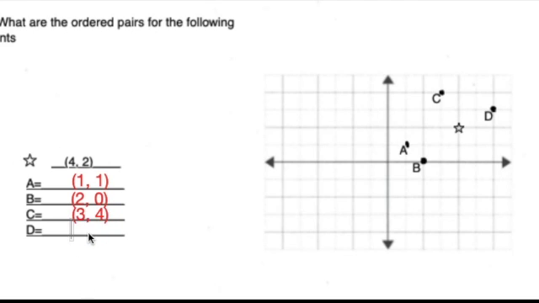And last but not least, we have letter D. So we count again, 1, 2, 3, 4, 5, 6. And going up, we have 1, 2, 3. So we have (6, 3).